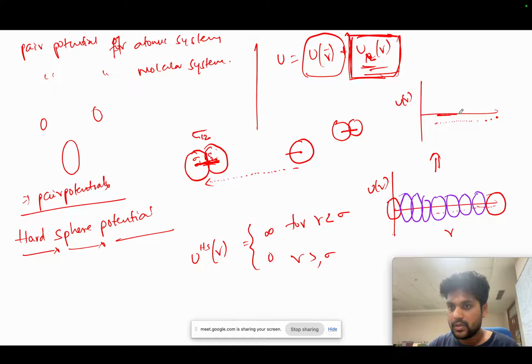You should remember this is the 0th line. I'm just making it for understanding. Once it comes to this position, when the two atoms are nearer, it will repel. That's what it is saying. It will go directly to infinity. So this is nothing but the sigma. Here there is one atom and here there is one atom. You got the point, right? That is the hard sphere potential. Any doubts in the hard sphere potential?